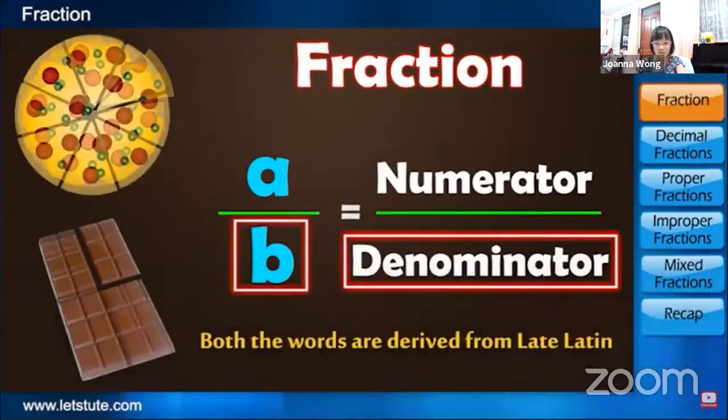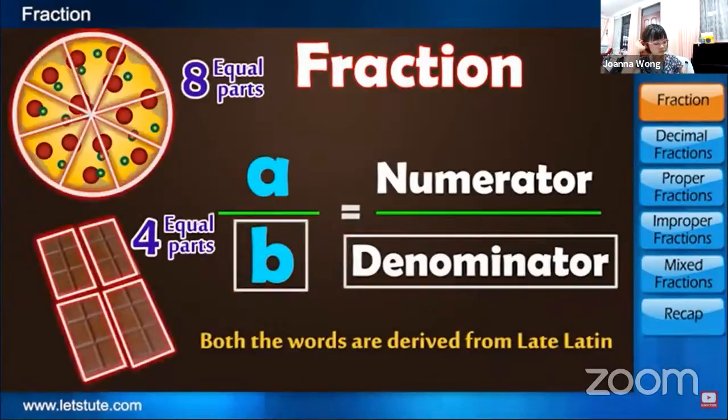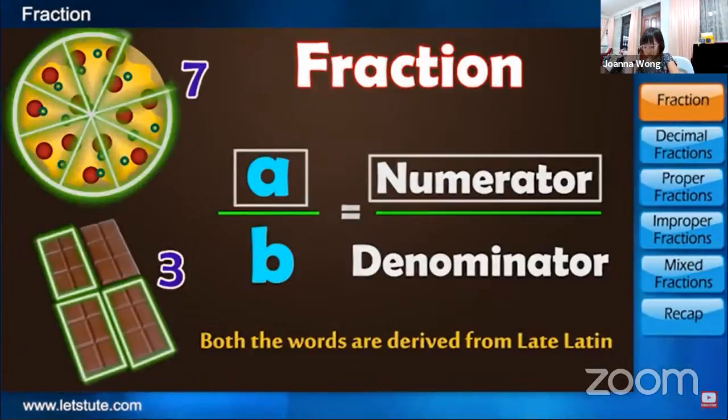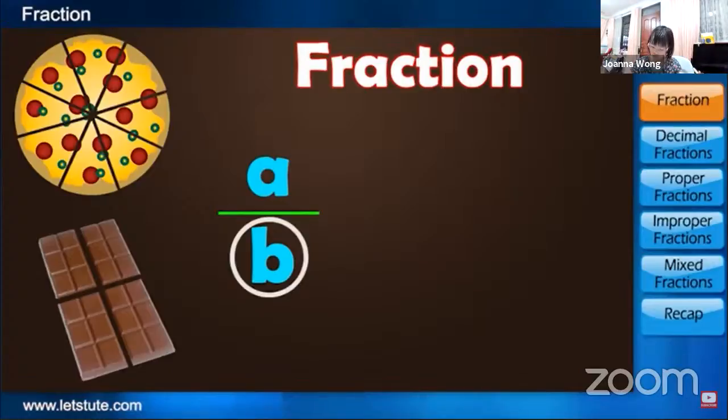Denominator is the total number of equal parts in which the whole is divided. And numerator is the number of equal parts which have been taken out or which have been left out. Like I said before, the numbers of the form a by b are called fractions, where b cannot be 0.